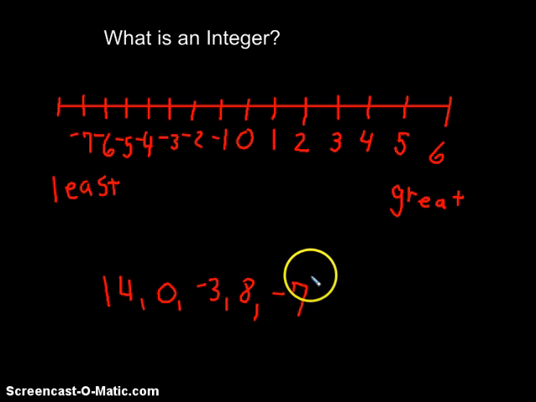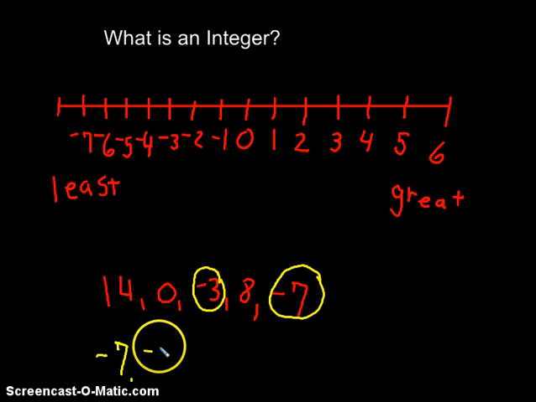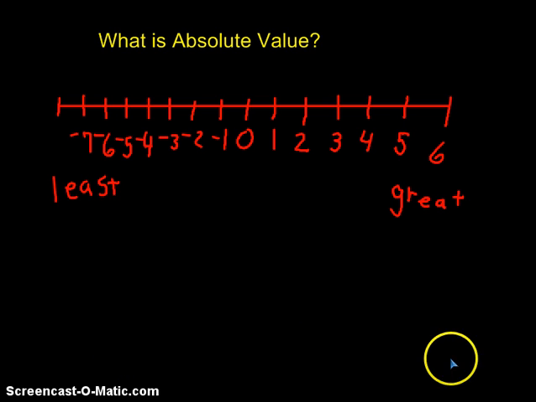The smallest number is actually -7, so to order this from least to greatest, you would start with -7. Next would be -3. After that, and if you look on the number line, it works right here. After -3 would come 0, then 8, then 14.